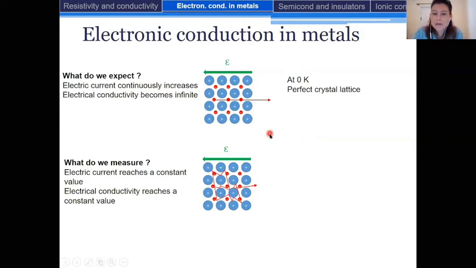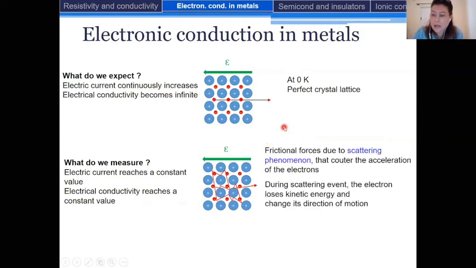And why is it the case? Because we have some frictional forces due to scattering phenomena that hinder the acceleration of the electrons.